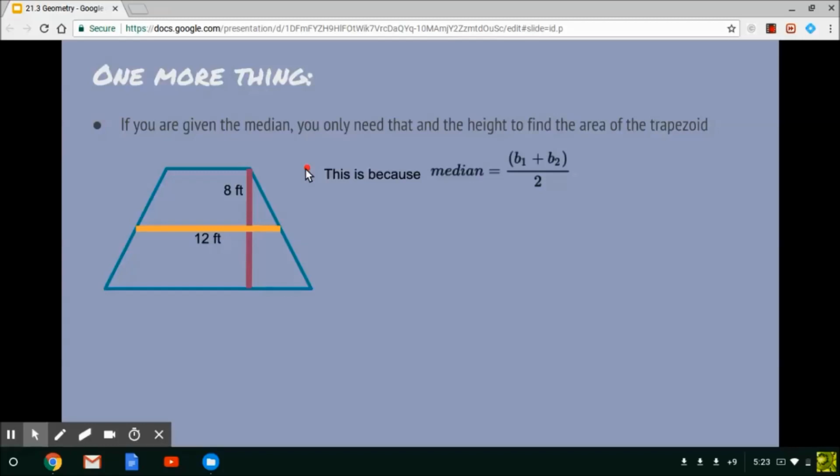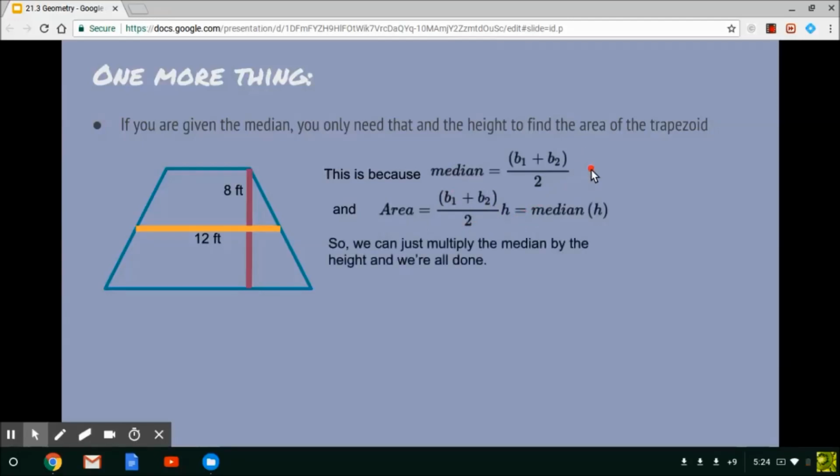So it's equal to base 1 plus base 2 divided by 2. And in the area formula, area is base 1 plus base 2 divided by 2 times the height. So this is just the median times the height. So we can just multiply the median times the height and we're all done. So this way is even easier.